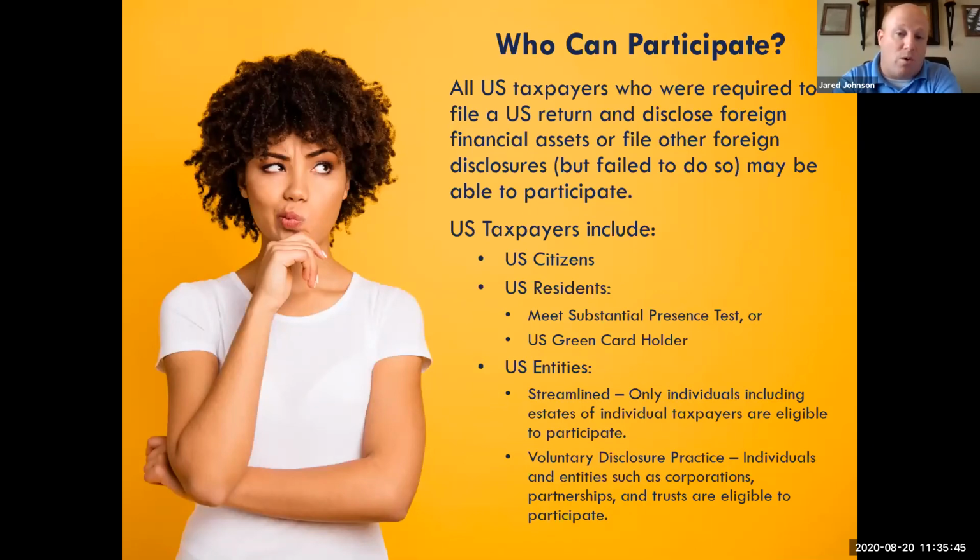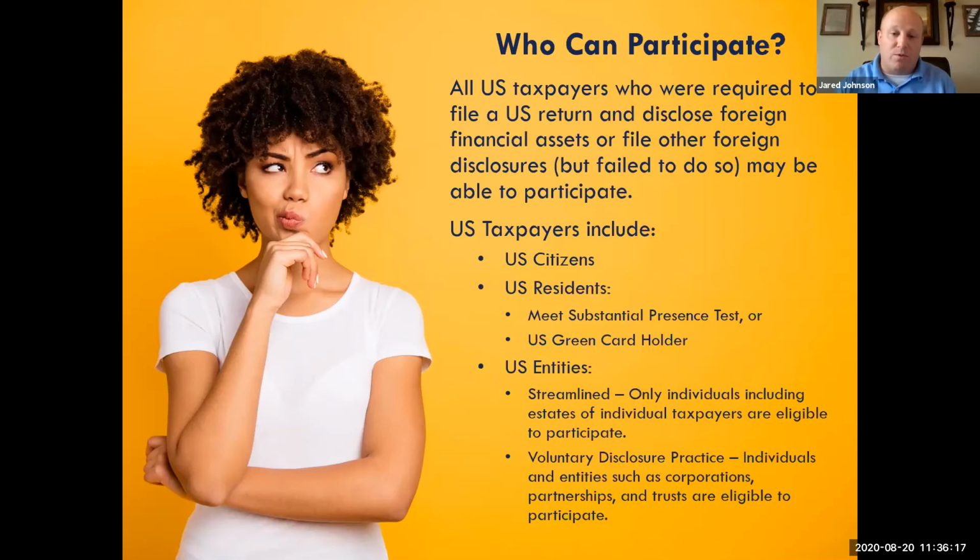If the answer is no, are you here in the U.S. under maybe a work visa or something, and do you meet the substantial presence test? The substantial presence test is a look-back rule over 3 years, where you count your days in the U.S. I'll just rattle it off here, but you meet the substantial presence test if you've been in the U.S.